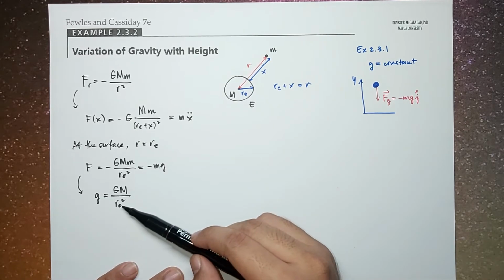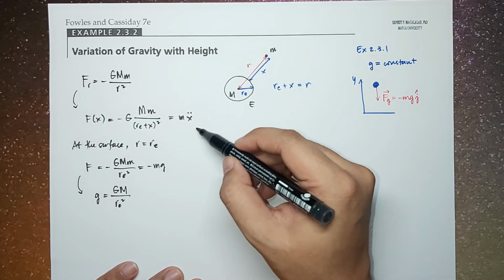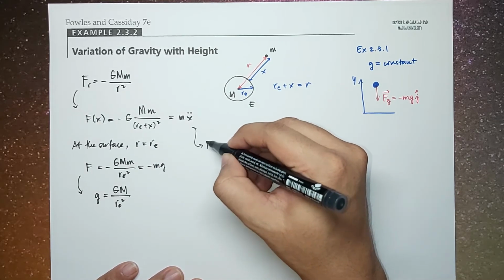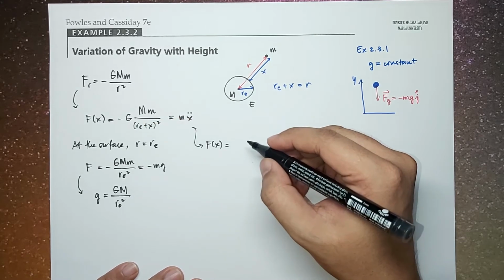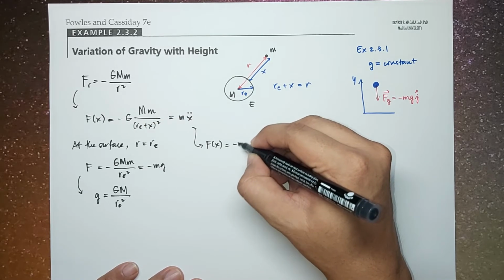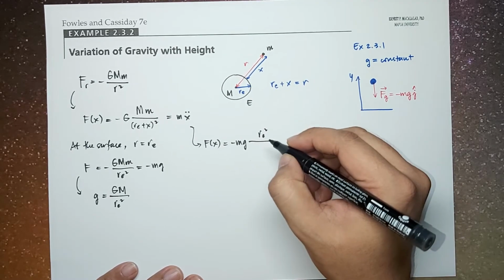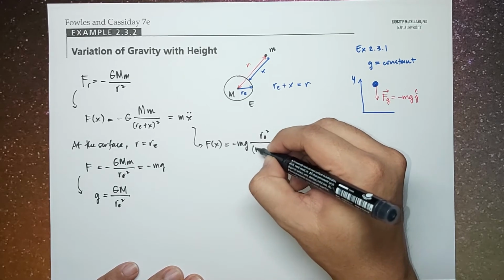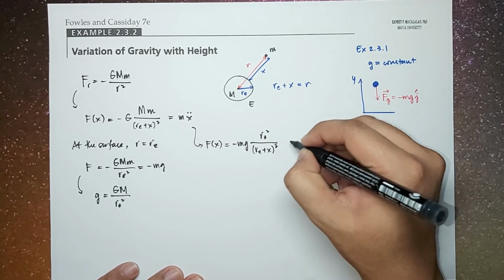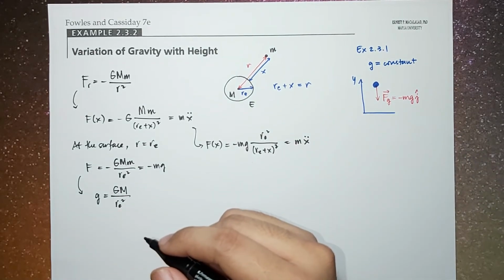Using this equation, we can substitute it here. So F, which is a function of x, is now equal to negative mg times R_E squared over (R_E plus x) squared, and again this is equal to m x double dot.